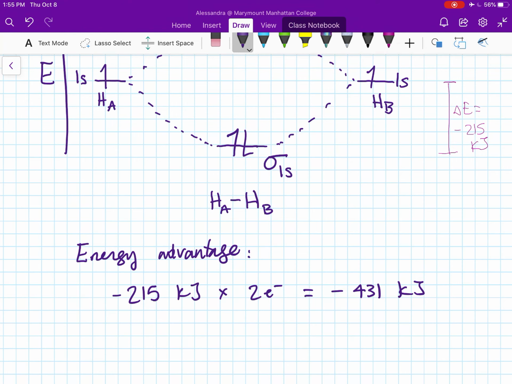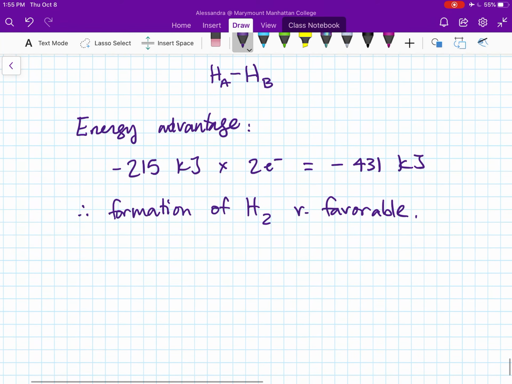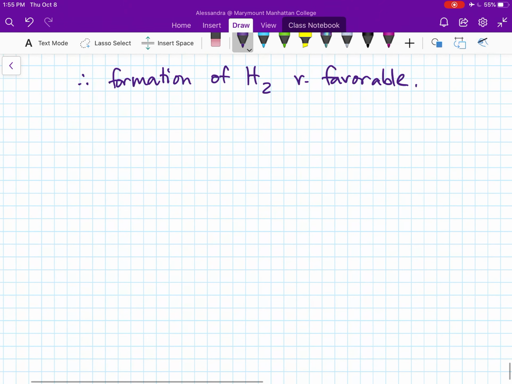So the formation of the H2 molecule is very favorable because it lowers the energy of the system. Okay, so this is something that we learned about before in the bonding chapter, but we're just contextualizing it with molecular orbital theory. So another concept that we can talk about is bond order.